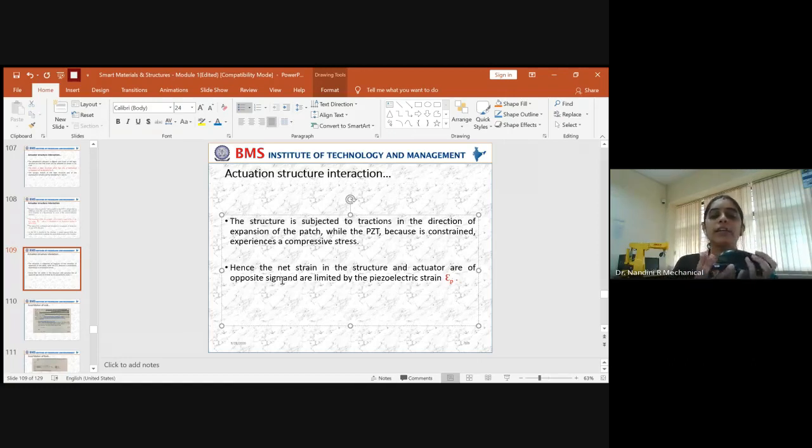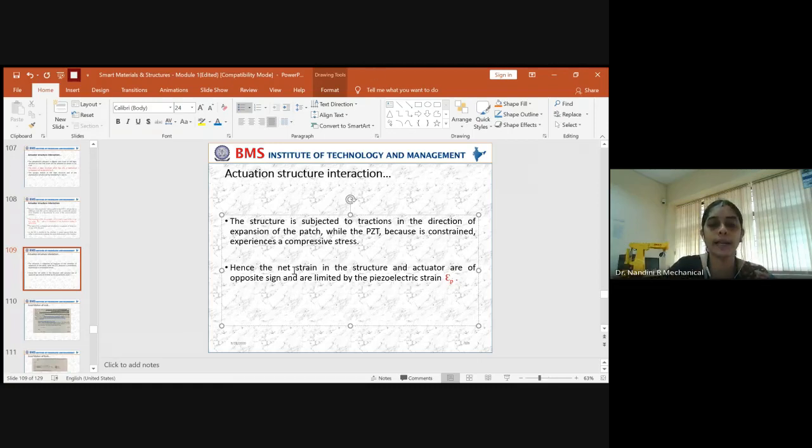If it is constrained like this, then when you apply the electrical voltage, the actuator will move towards your right. Right? Then the traction generated in the structure will also be towards your right. So it depends upon the direction in which the actuator or the PZT patch is expanding. So this is one more concept that you have to understand.